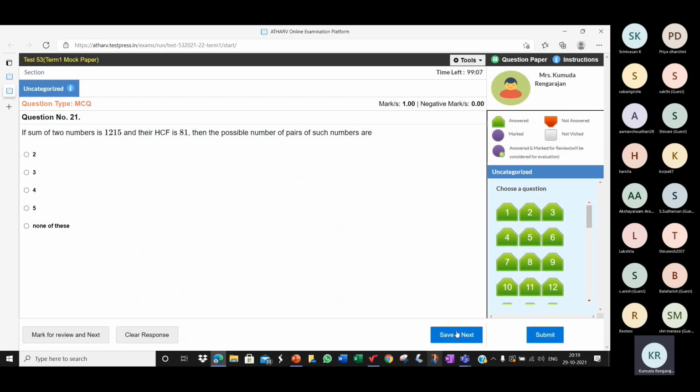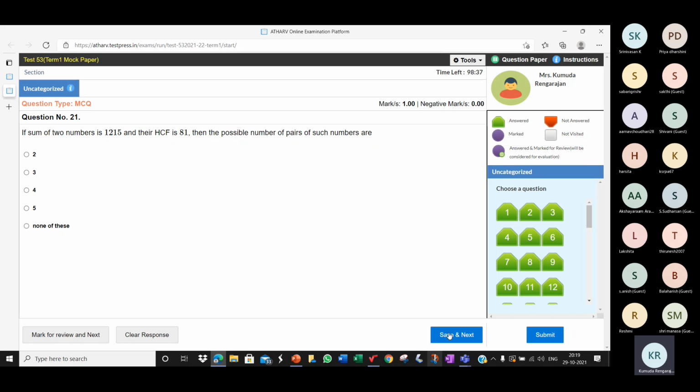What is the HCF of 16 and 22? 2, ma'am. How can you express 16 using 2? 2 power 4, ma'am. Okay, we are not doing exponents here. 16 is 2 into 8, correct?